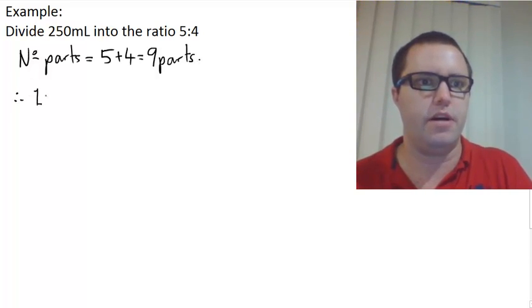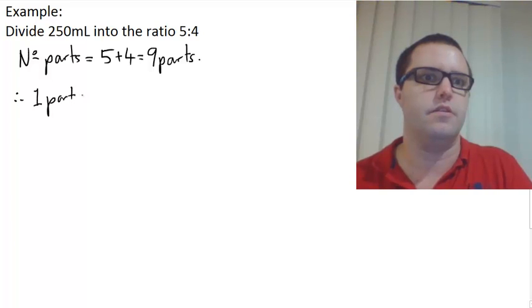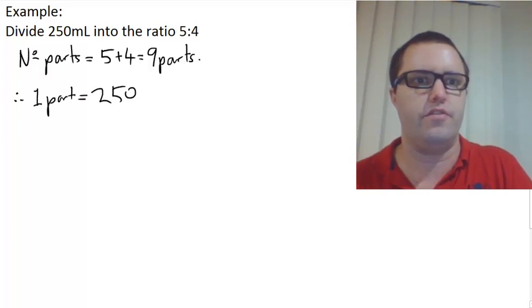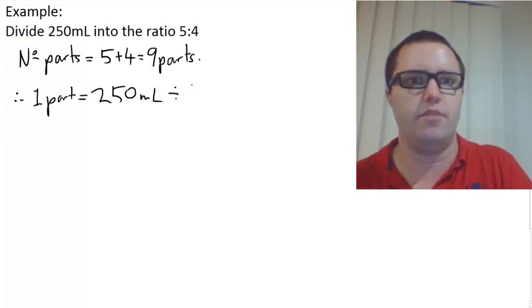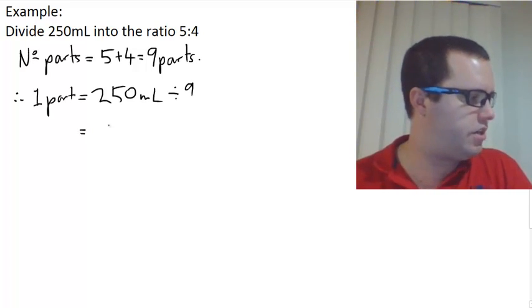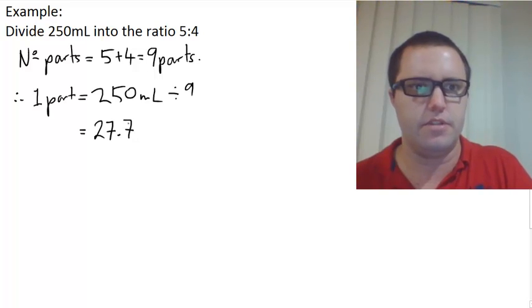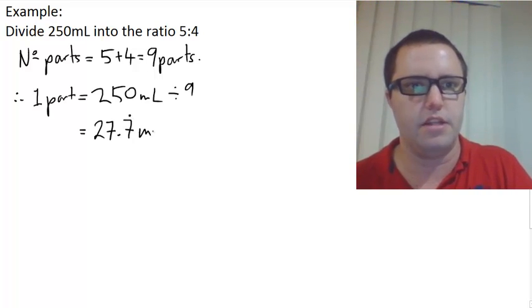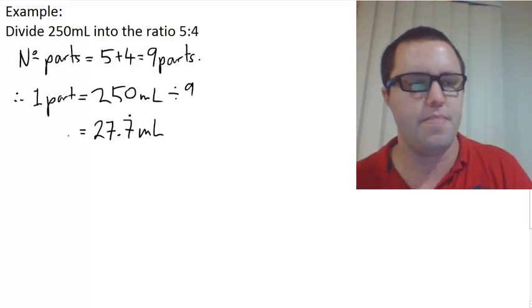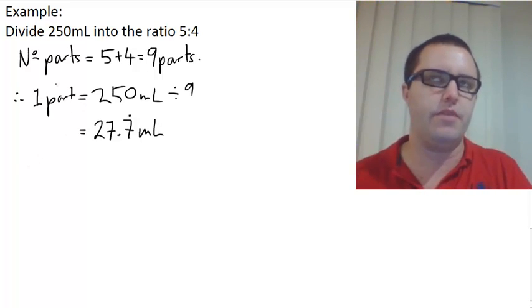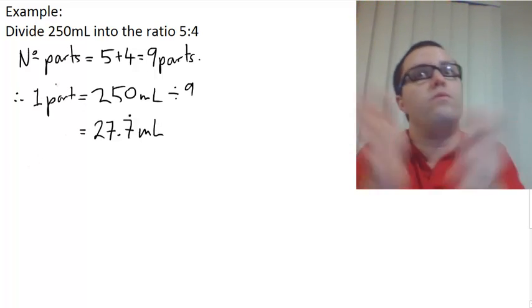Therefore, one part equals 250 milliliters divided by 9, which is equal to 27.7 recurring milliliters.